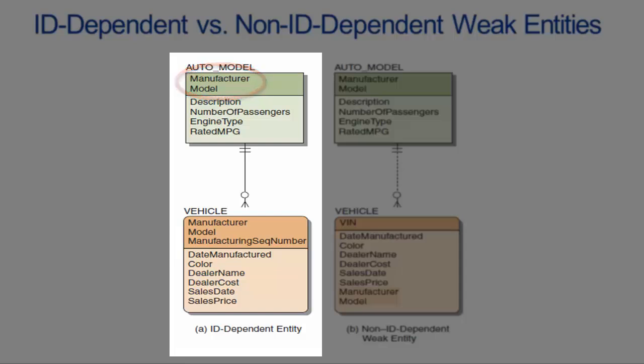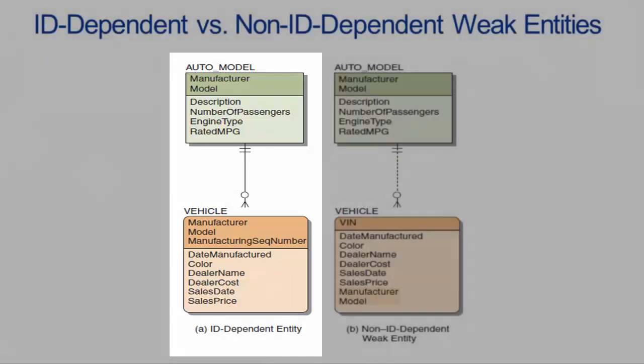In this case, the strong entity is the auto model entity, and its primary key is the combination of manufacturer and model. And in the vehicle entity, we can see that manufacturer and model are part of the primary key. This is therefore an ID-dependent weak entity.